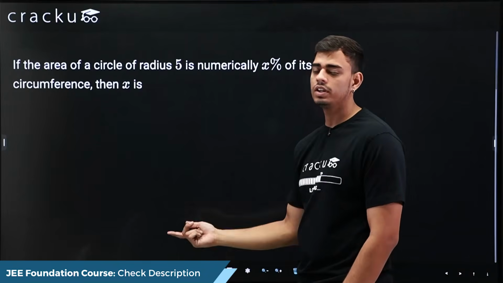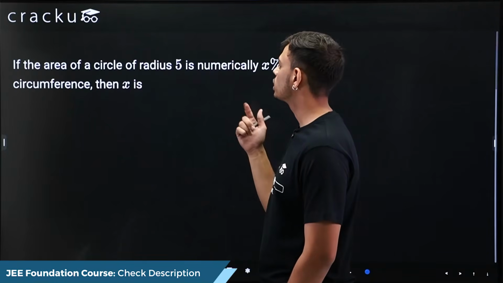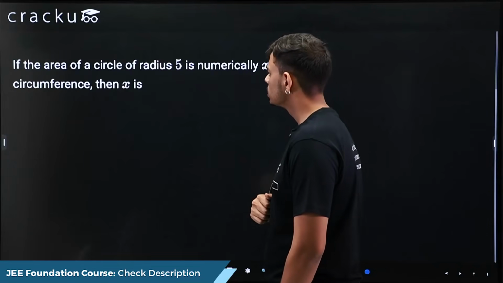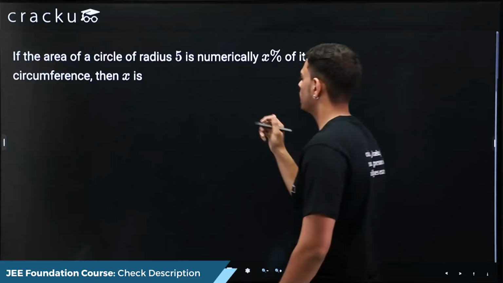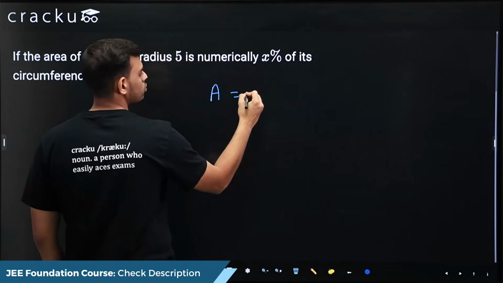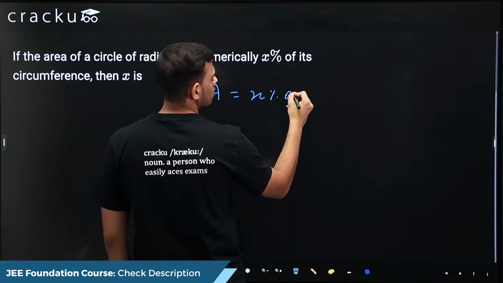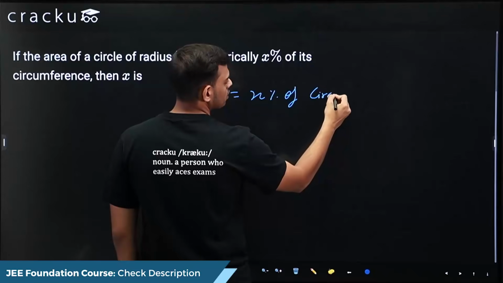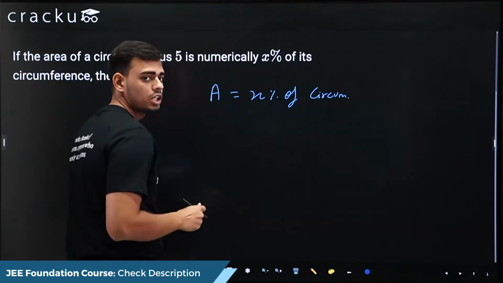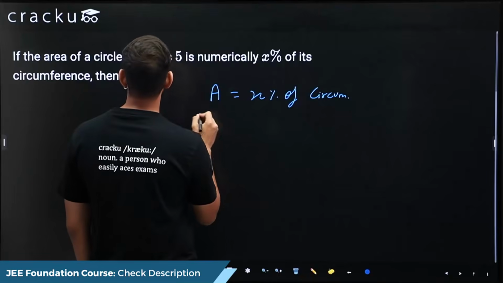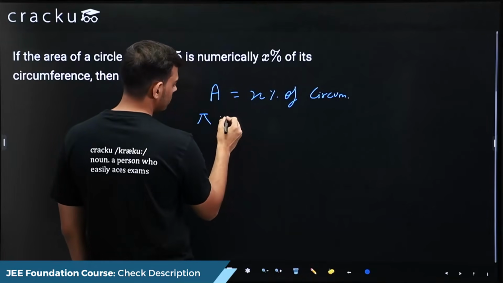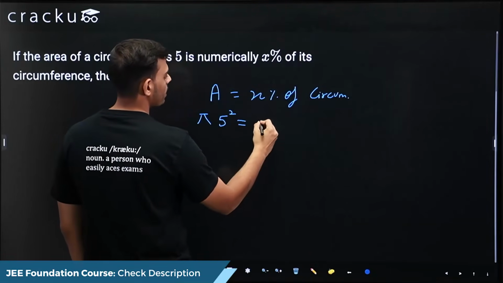In this question, we are given that the area of a circle of radius 5 centimeter is numerically x% of its circumference. Okay, so area equals x% of circumference. What is the area of a circle? The formula for area of a circle is pi r square. Considering radius is 5, it will be pi 5 square.